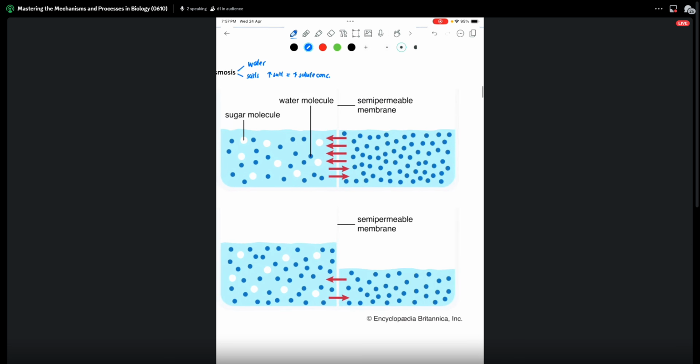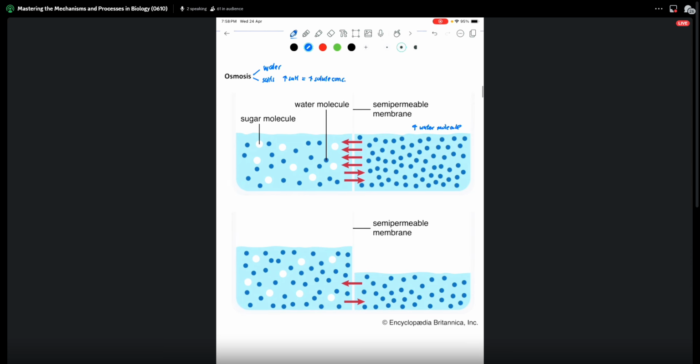When one side has a lot of water molecules, and the other side has fewer water molecules, and maybe this side has more sugar or a lot of salt, so it has a differing gradient from the one next to it, what is going to happen is that water molecules will move down from a higher water potential to a lower water potential. So this is called osmosis.